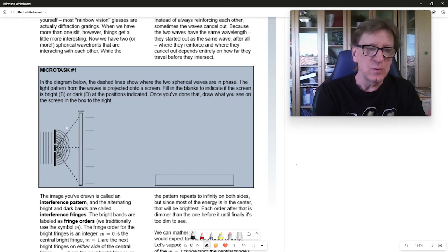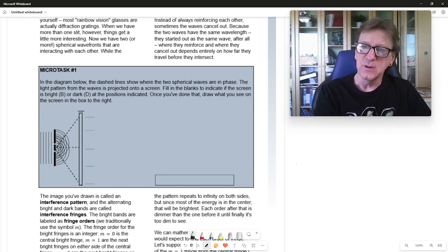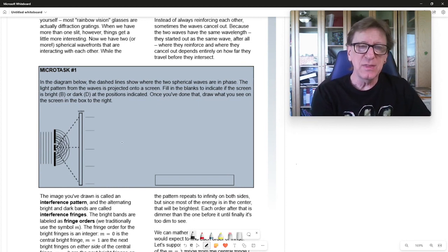So at this point, for example, right here, both the top wave and the bottom wave, the lines have actually intersected with each other. And the lines that were representing the peaks have intersected with each other. And so that's going to indicate where we've got constructive interference. Okay, now that you've got that, you should be able to very easily label where am I going to get bright and where am I going to get dark. So go ahead and do that right quick.